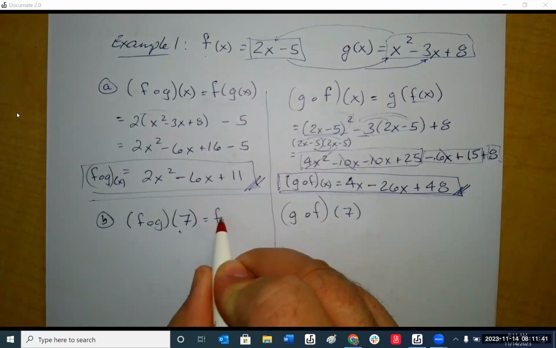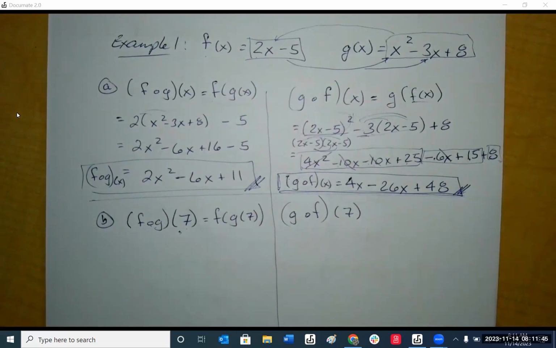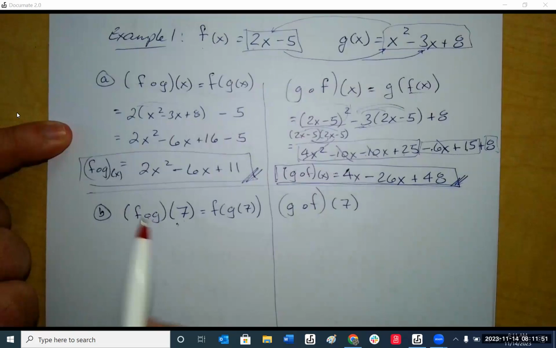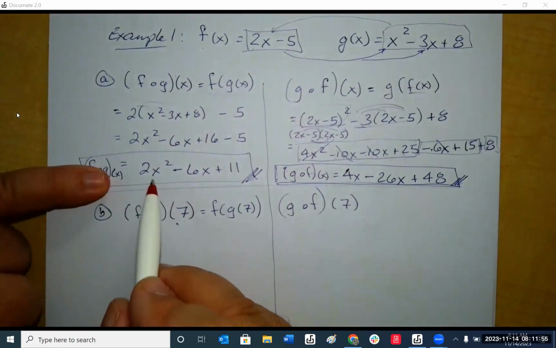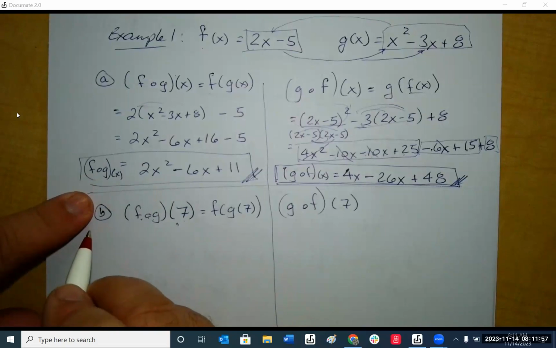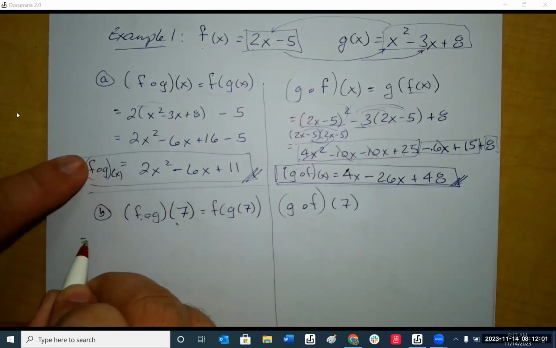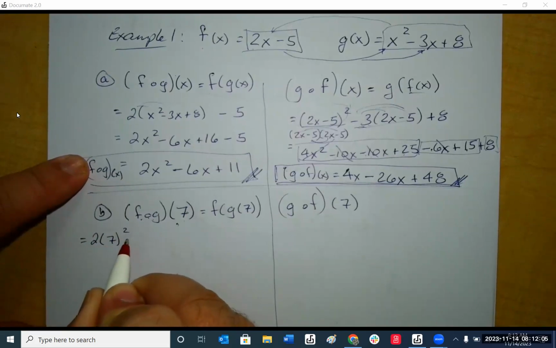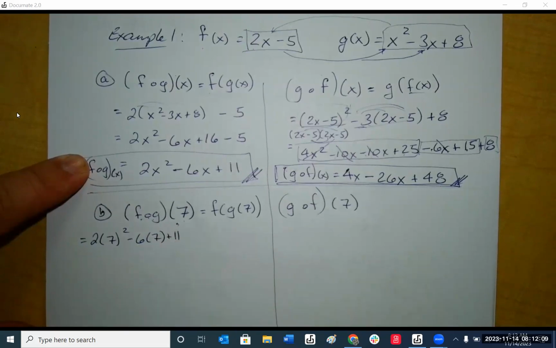So I can first find f of g, do this whole equation here, and once I find this equation, I could plug in 7 for x. So it's 2 times 7 squared, minus 6 times 7 plus 11.